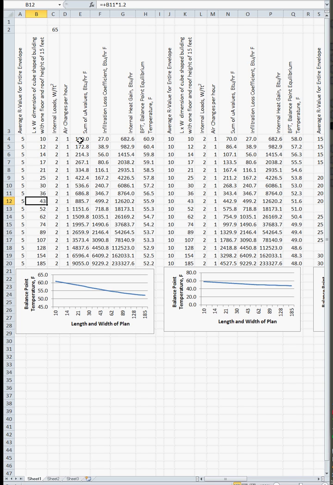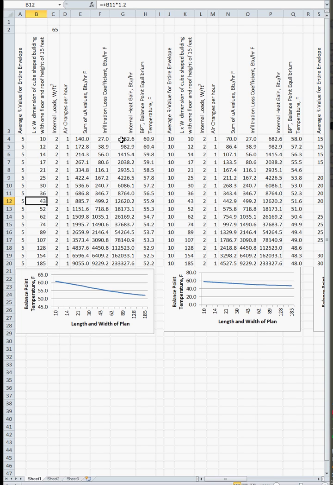That's the opposite of the insulation value. It's the inverse of insulation. It's conduction. The infiltration loss coefficient, the internal heat gain, because we already have this number here in watts per square foot, here it is in BTUs per hour.